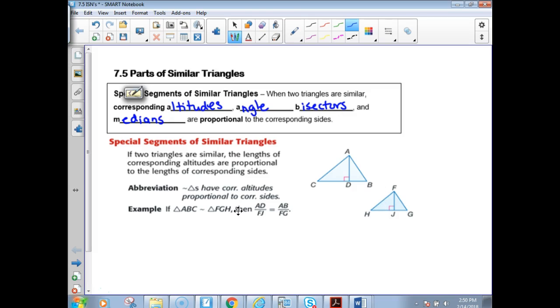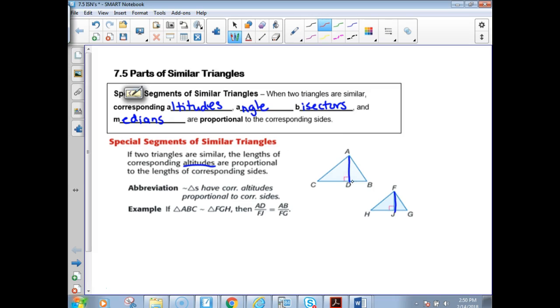Special segments, the first set that we're going to look at are the altitudes. The altitudes in these figures are segment AD and FJ. Those are proportional to the length of the corresponding sides.